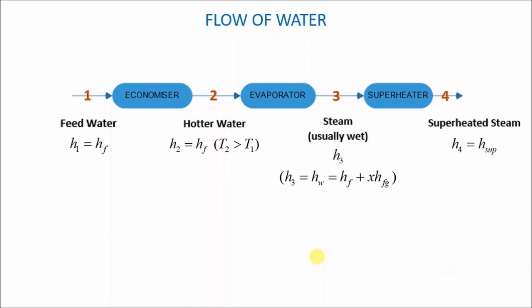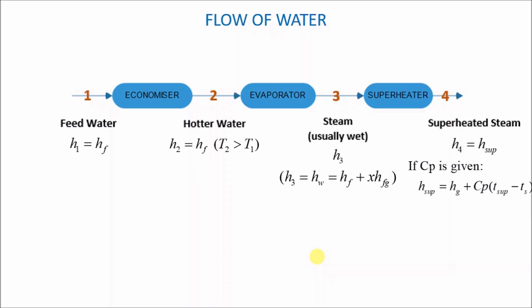Now what we know with the enthalpy of superheated steam is that if in your question, in your exam, you are given a value for Cp, okay, therefore the formula for HSAP is equal to Hg plus Cp multiplied by (Tsap minus Ts), and Ts of course is the saturation temperature that you read from your steam tables, okay. Really important.